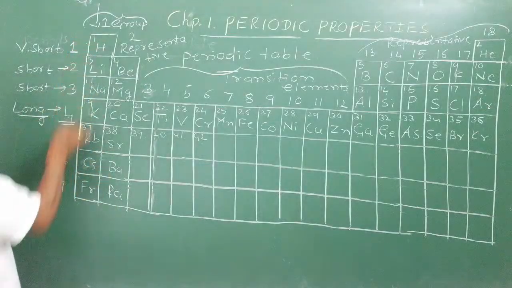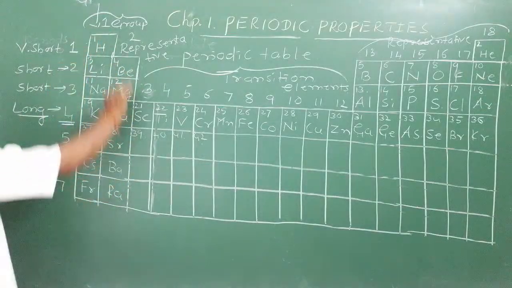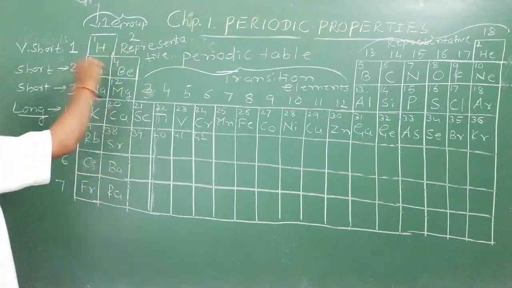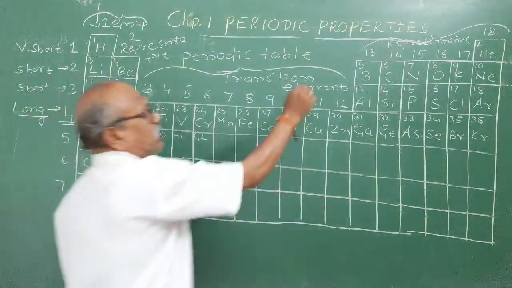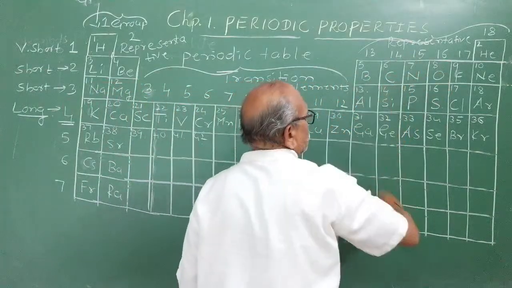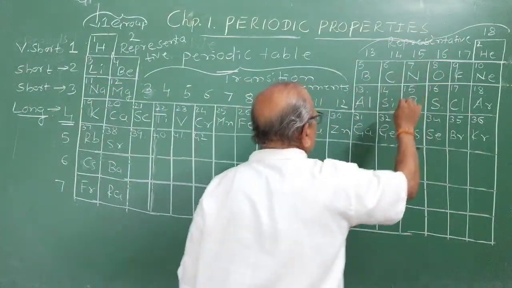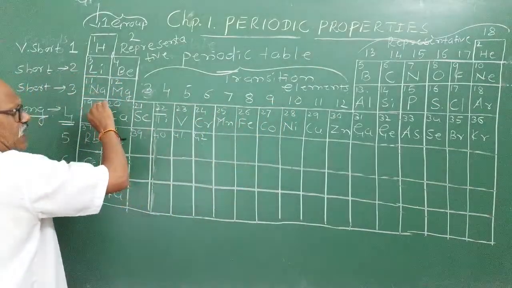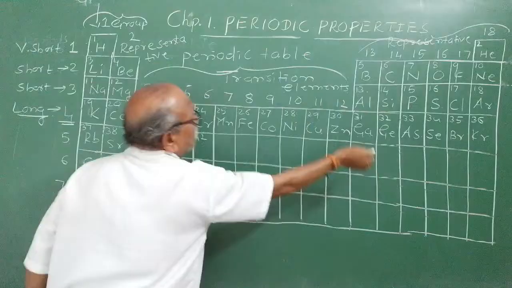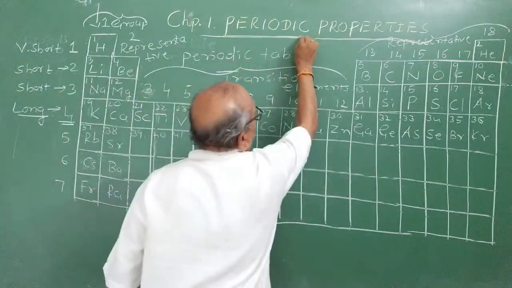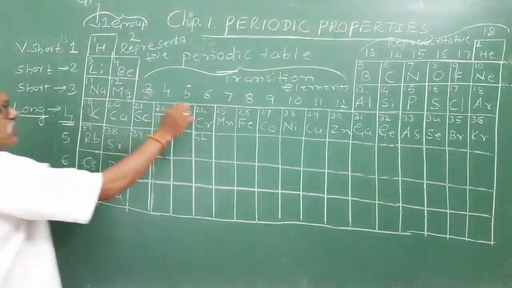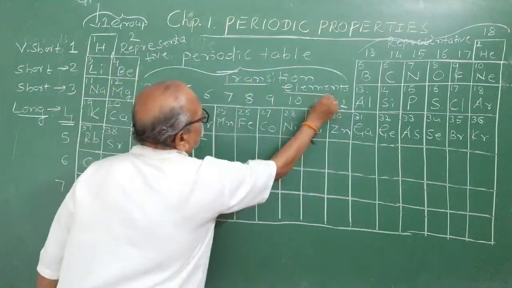Group 1 and group 2 elements are pure metals, and elements from 13 to 18 are non-metals. The elements in between show transition from metallic property to non-metallic property. Same periodic properties we are going to study in this chapter. They show transition, therefore they are called transition elements.